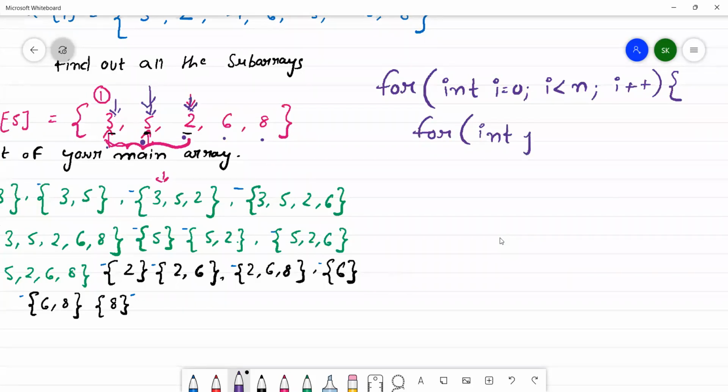So I will write here j equals i. It continues up to the end, so j less than n and j plus plus. Clear? Not 0, Vishnu, because if I pick 5, I do not start from 3 again.